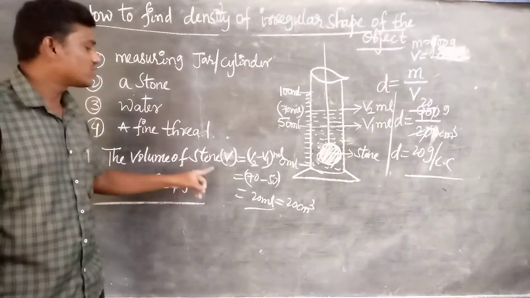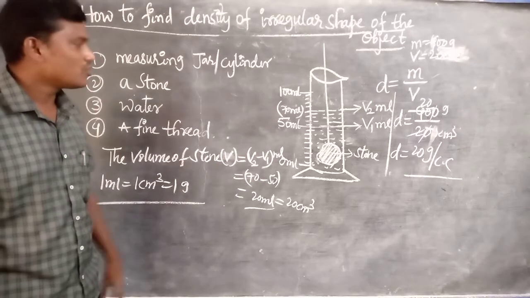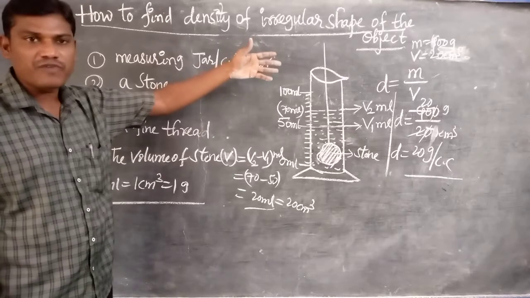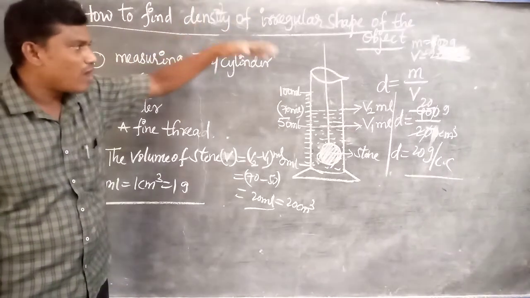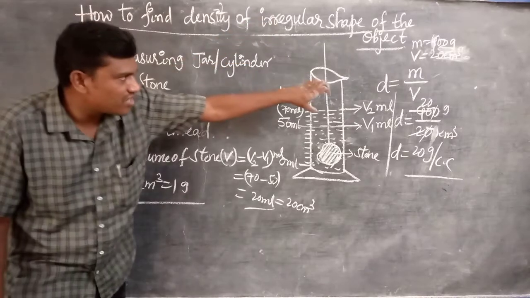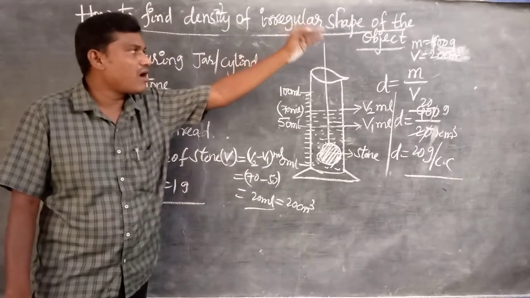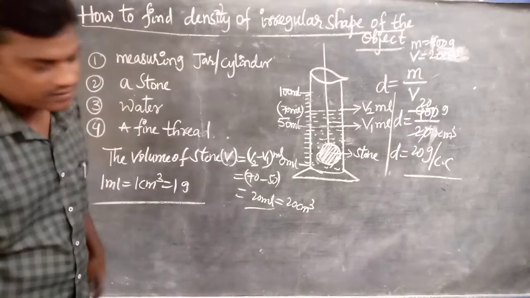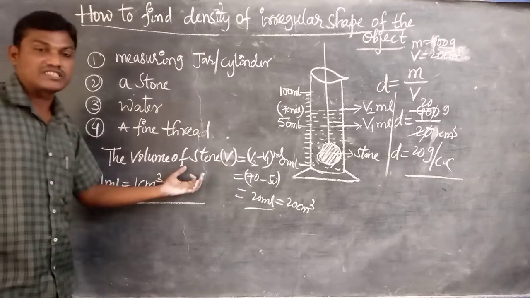Then the volume of the stone V equals V2 minus V1 ml. So density is equal to, we know the formula, mass upon volume. Mass is already found, so the mass and volume values are both substituted in that formula. You can get the density of which one? The irregularly shaped object. So are you understanding clearly? It is very simple.